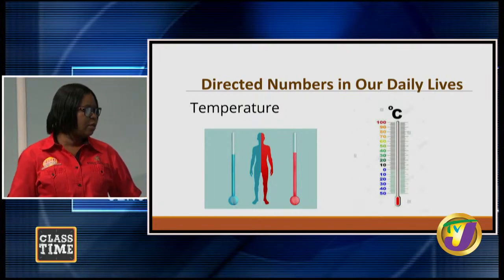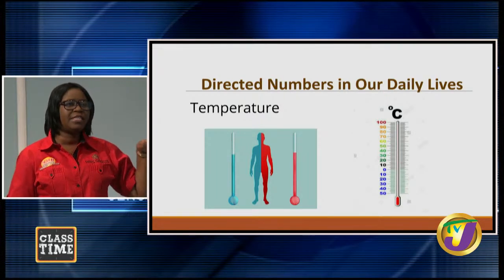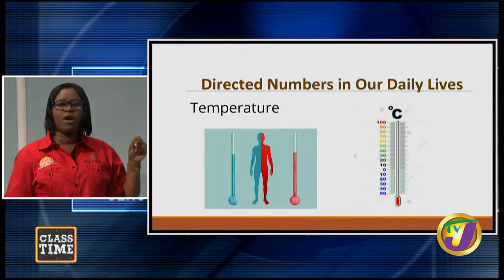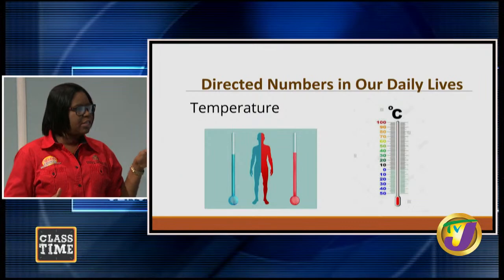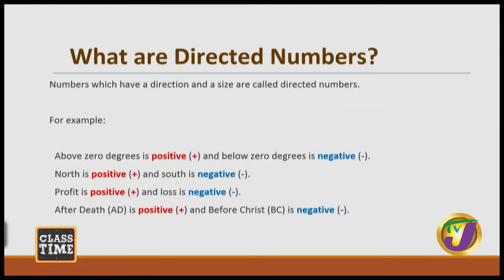And remember, 0 is a very important reference point when we are talking about increasing and decreasing. The numbers on the thermometer remind us of a number line. Yes, it does. And also, going back to our sea level, the sea level would be the 0, a reference point as well.